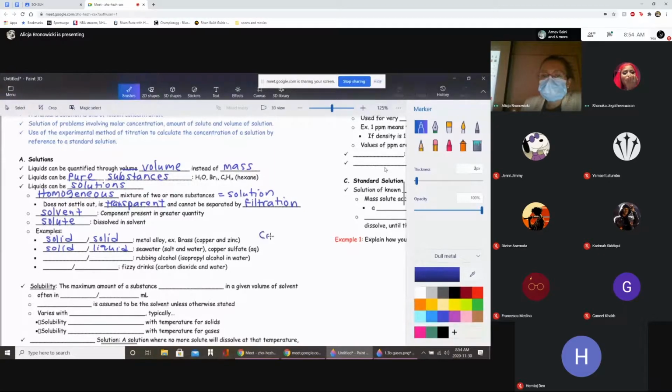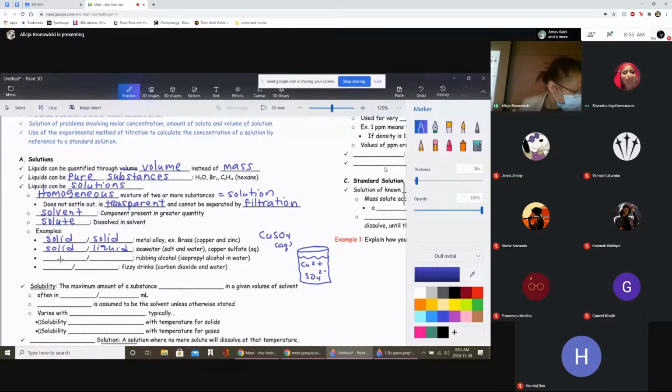So if I have aqueous copper sulfate, okay, I would have something filled with water. So Cu2+, SO4 2-, right? That's what copper sulfate dissolved in water would look like.